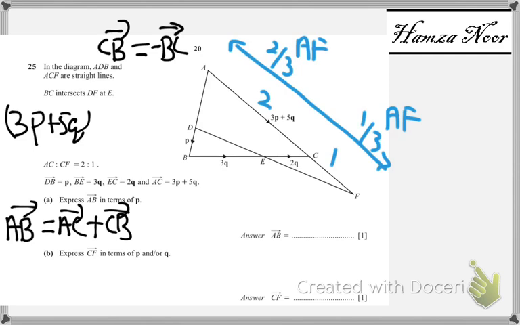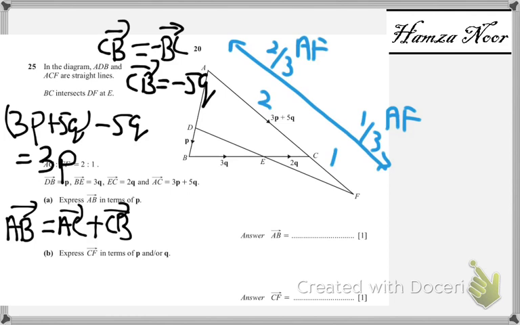So CB is equal to minus 5Q. So it goes like this: 3P plus 5Q minus 5Q. 5Q and minus 5Q cancelled. So AB is exactly equal to 3P.